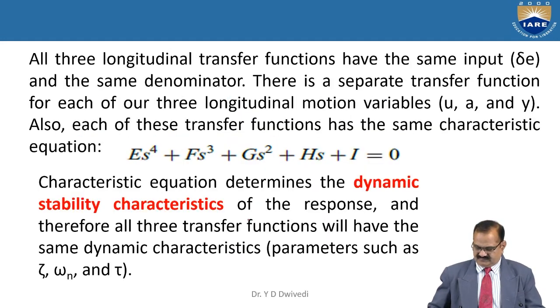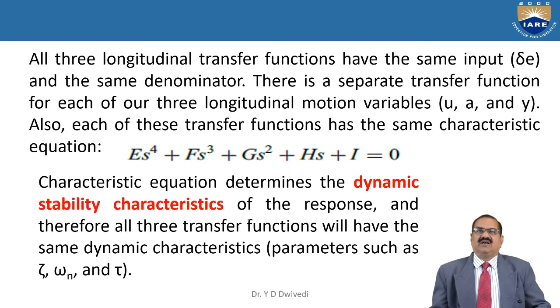So here all three longitudinal transfer functions have the same input. In all these equations we have delta_e as the input. This delta_e is your elevator deflection, and they have the same denominator. In all three equations the denominator is the same. There is a separate transfer function for each of our three longitudinal motion variables, that is u, alpha and theta.